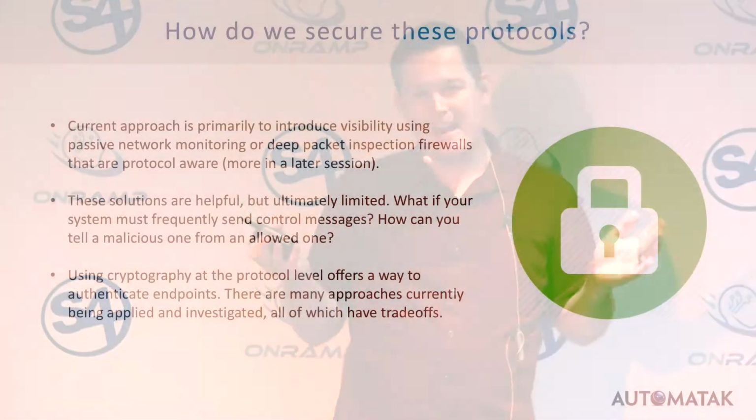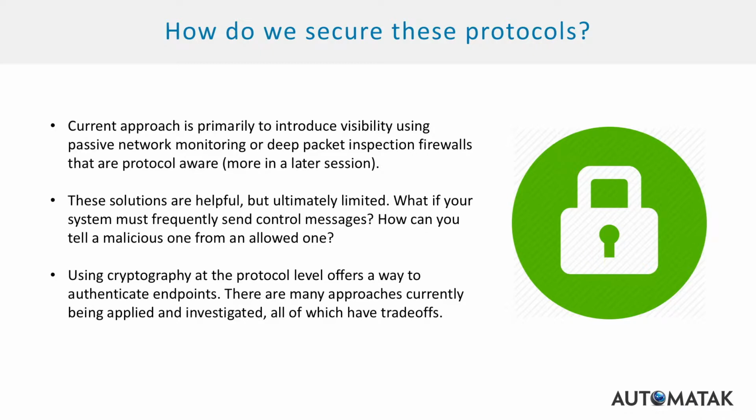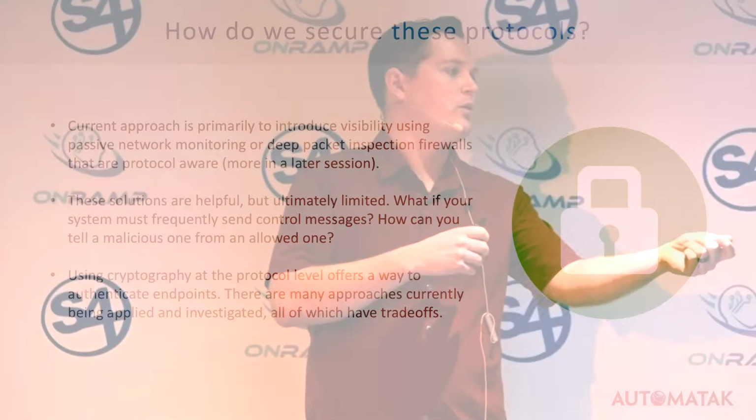So with all that talk about the problems, how do we secure these protocols? Over the last 10 years, I would say, the approach mostly has been bolt-on solutions. So things like packet inspection, which is really nice because it's completely passive. You can just plug into a network tap and you can potentially detect an adversary on your network.